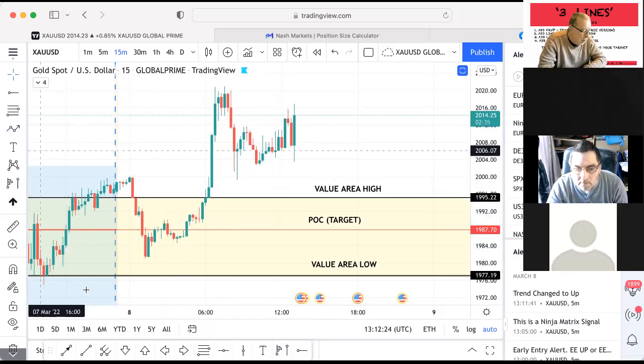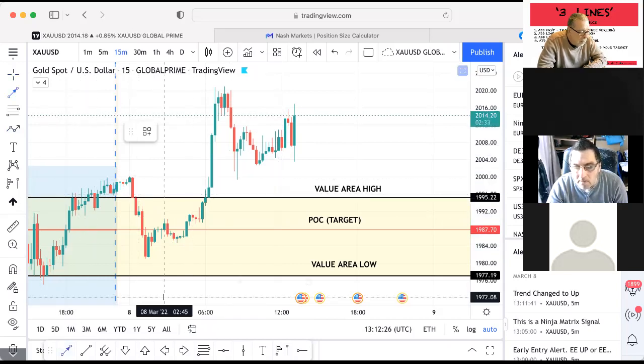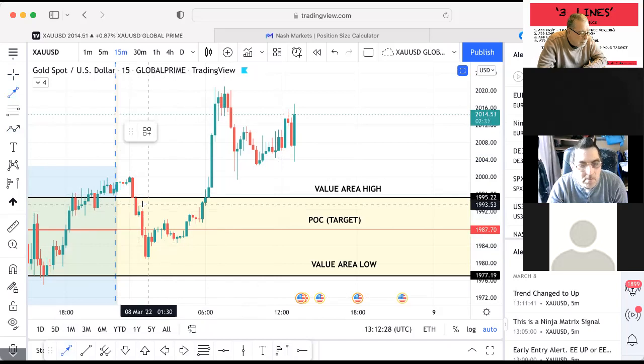So what we would do following the 3-line strategy, we would take a trade from the value area high down to the target.